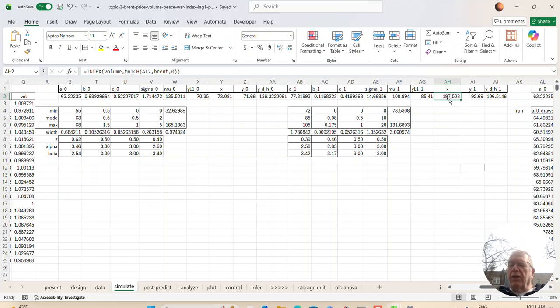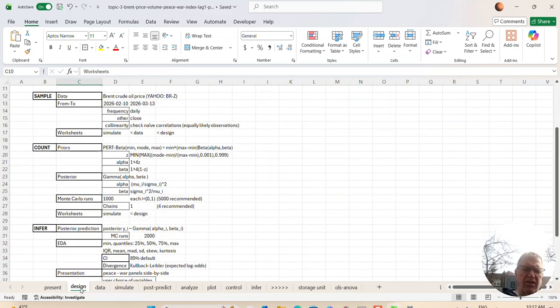Here are the volumes. Now the volumes were originally in full amounts. It's 197,523. It's also good to scale our data so that it's roughly similar in scale. But we have to remember that, and we have to detail that, and indeed, I think it is detailed here in the data.